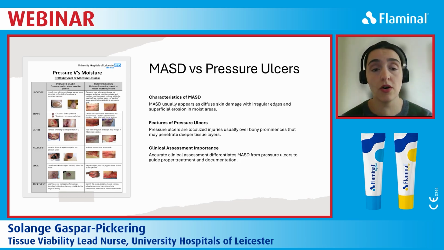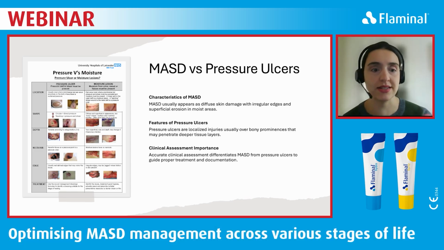So if you are reviewing your patient and you're visualizing deeper skin being affected, then you're not dealing just with MASD, and there's something more likely to be pressure, because what this can lead to is combined lesions that can start by being moisture and then developing into pressure ulcers.